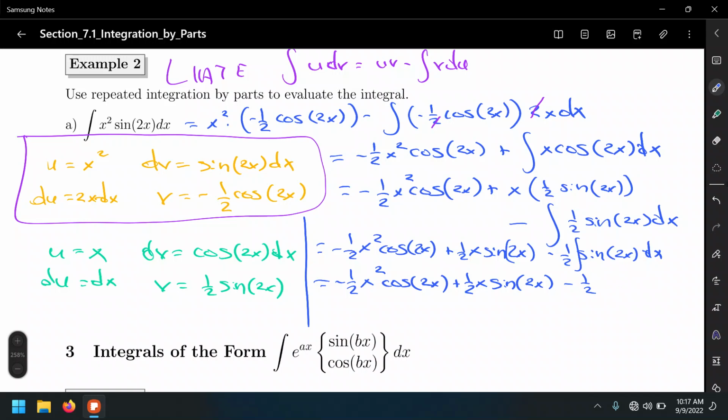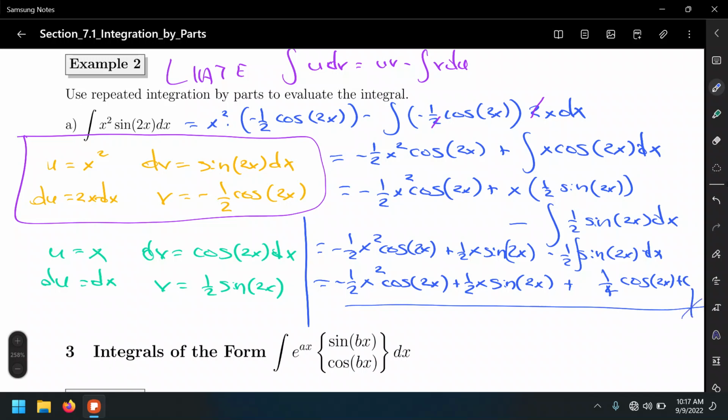But again, what's the integral of sine? Negative cosine, times the negative becomes a positive. The 1/2 that we had from the setup of the integration by parts times the 1/2 from the integral, cosine 2x plus c. And we can very well simplify this 1/2 times a half by writing it as a 1/4. And that's the final answer.